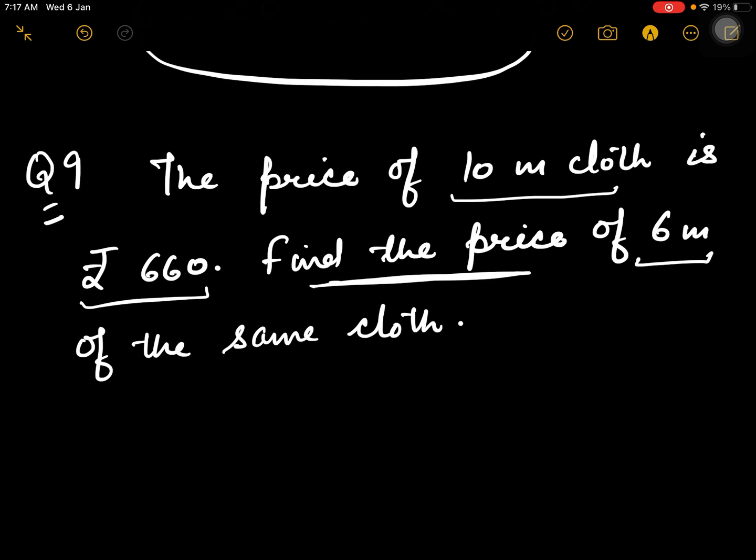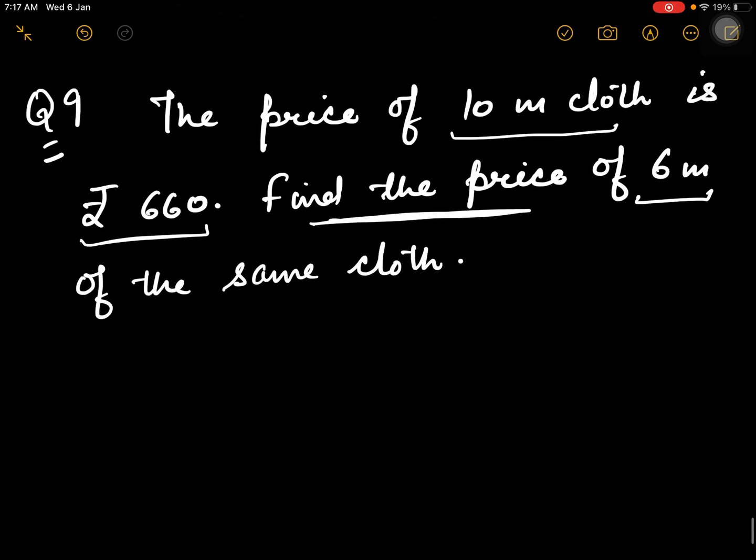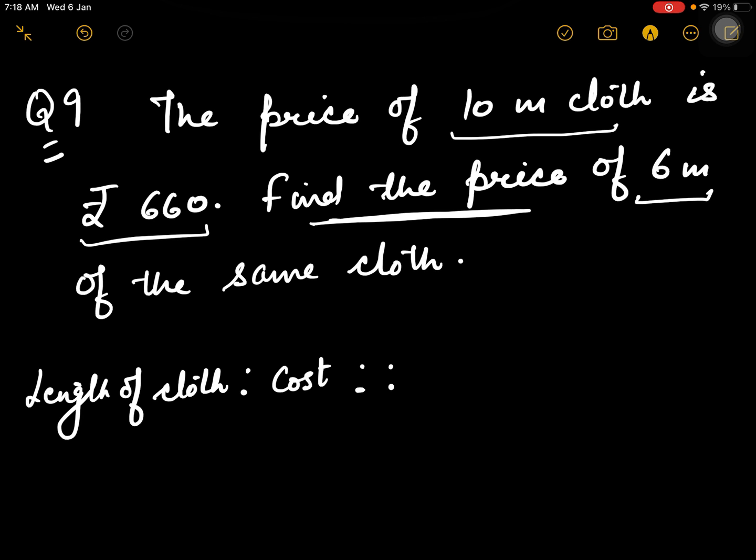So write it in proportion: length of cloth ratio cost of cloth is proportionate to, again length first, so length of cloth is to cost.